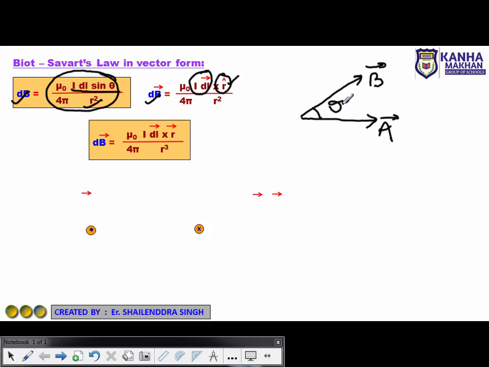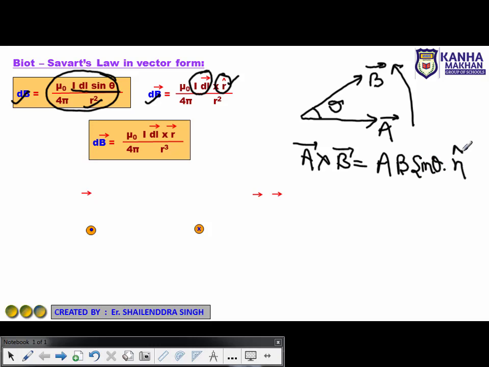And you know very well, if you want to find the cross product of those vectors, then vector A cross vector B is given as the magnitude of A, magnitude of B, sine of the angle between the two vectors, sin theta, as well as the unit vector n cap perpendicular to both of them.